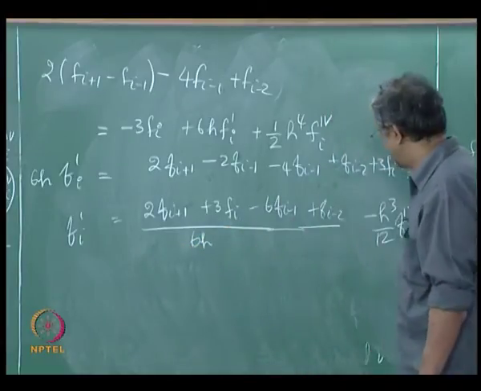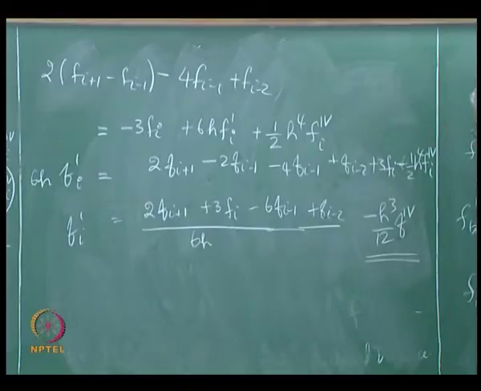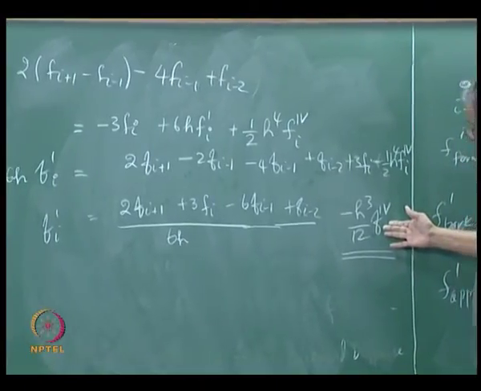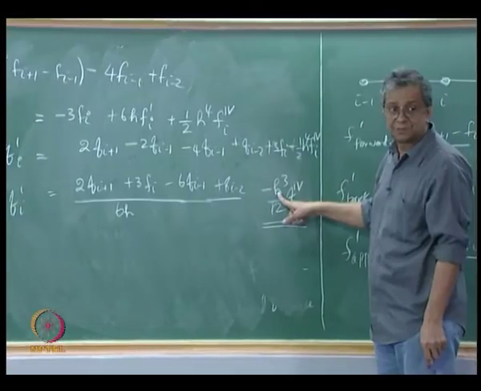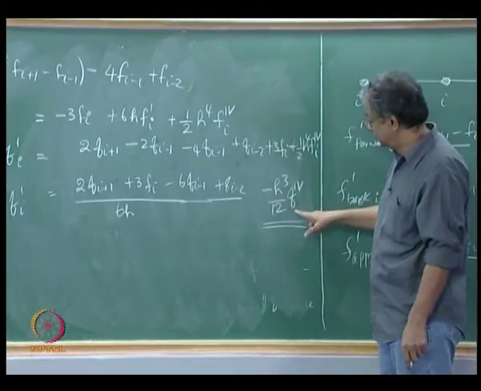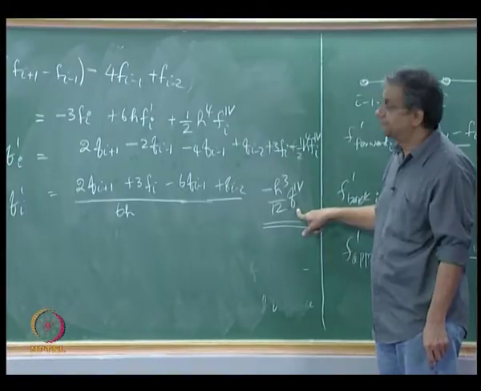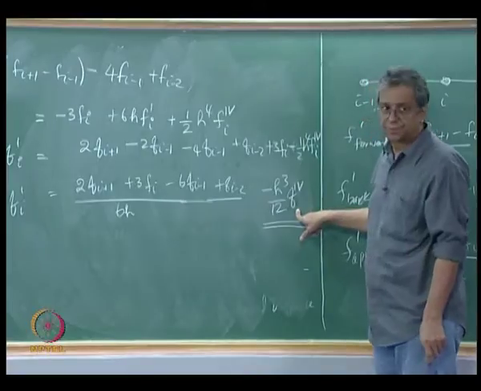So here you have a mechanism by which we have something that converges as third order, and the representation is third order, cubic. Is that fine? Are there any questions?